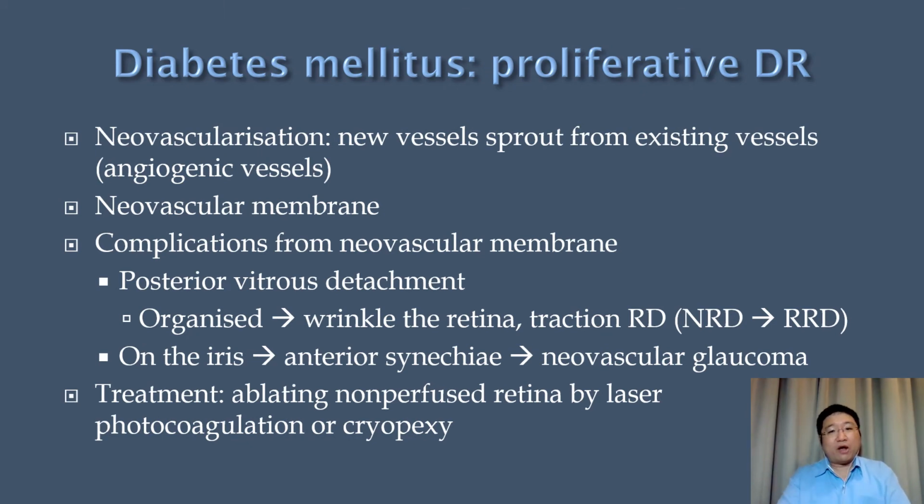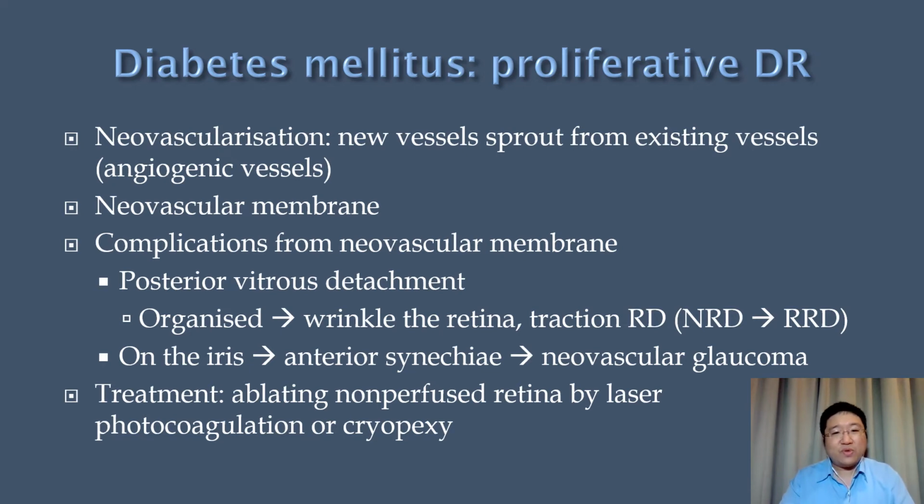So background diabetic retinopathy does not need to be treated. Good control of the diabetes is enough. But if the stage progresses into proliferative diabetic retinopathy, some treatments need to be performed. You may have heard that some diabetic patients need to have laser of the eye.